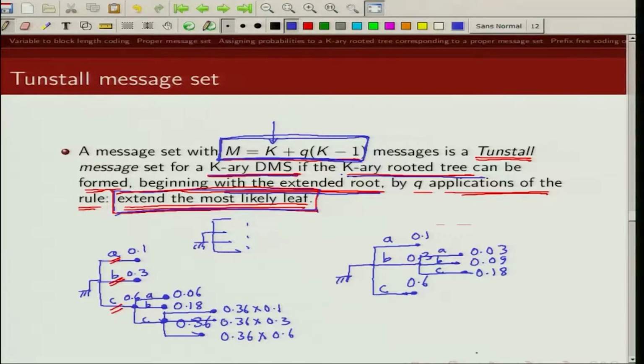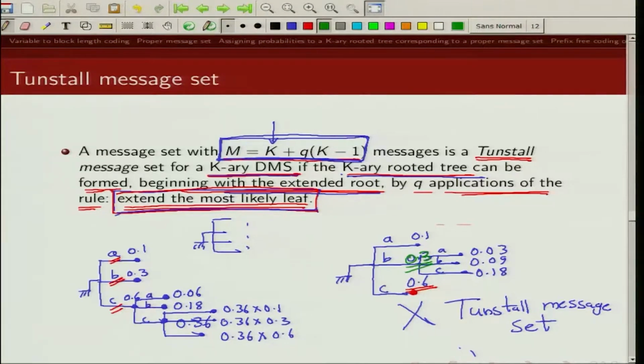Now this is not a Tunstall message set. Why is this not a Tunstall message set? Because here I should have extended this particular node because it has probability 0.6. Instead I extended this node which has probability 0.3.